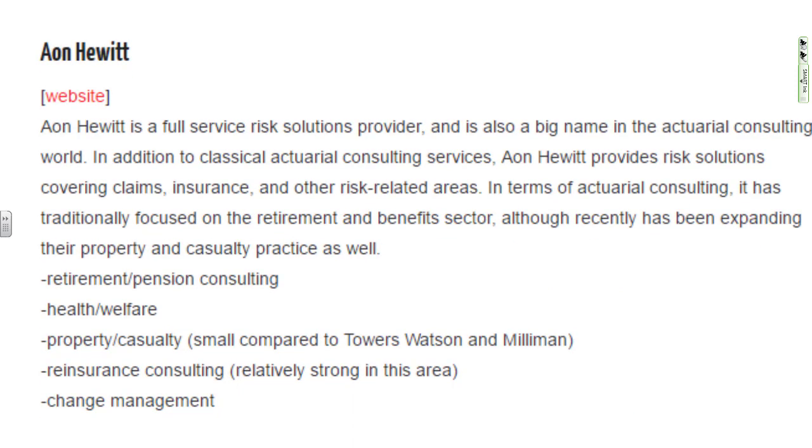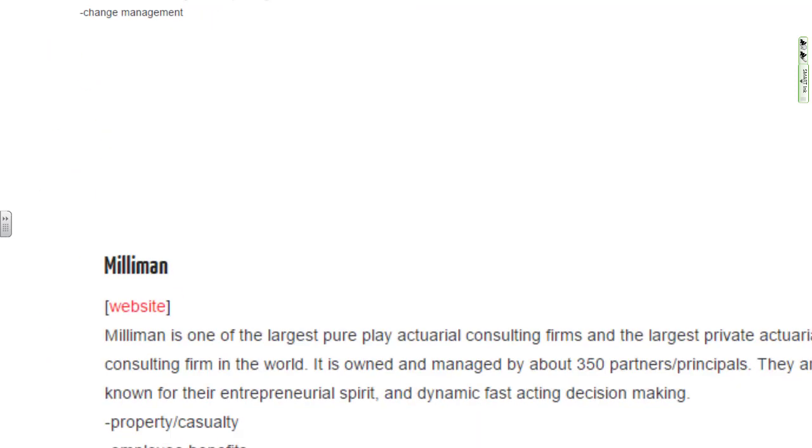Aon Hewitt is actually a subsidiary of Aon, which is the country's largest primary insurance broker. As you can see, in terms of actuarial consulting, it traditionally focused on the retirement and benefits sector, but it has been expanding into the property and casualty practice as well, though it is still small compared to Towers Watson and Milliman.